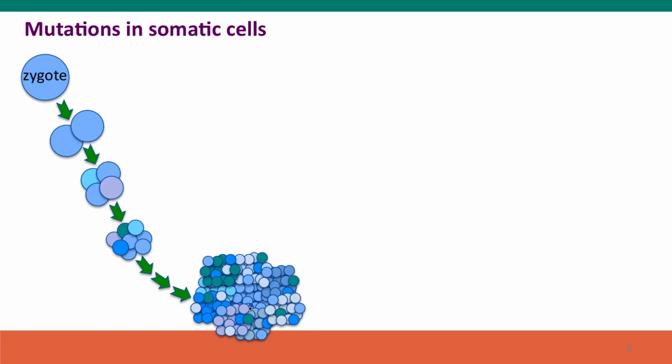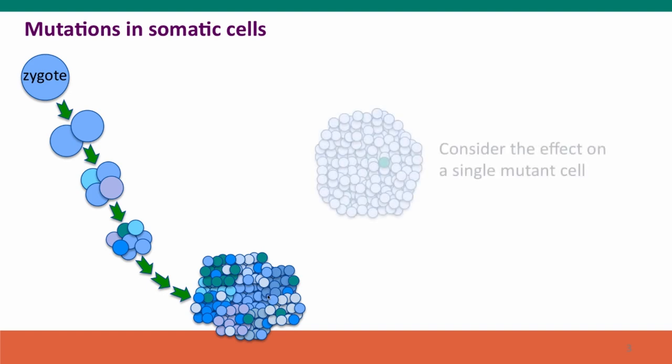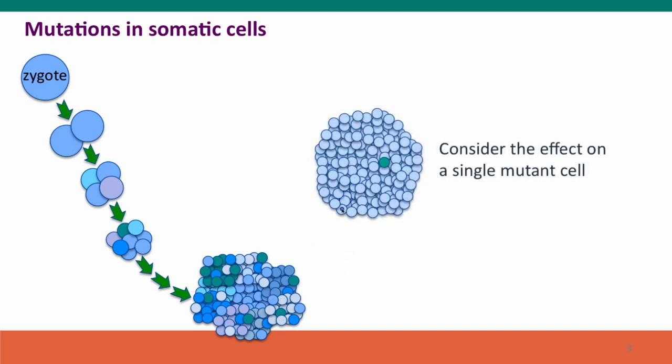What's different this time is that I've colored the cells different shades of blue to indicate that as the DNA is replicated in each cell division, mutations arise in all the descendant cells, so that even though these cells are all descended very recently from a single progenitor cell, they're already genetically different. Now, what I want us to think about is the fate of a particular cell, ignoring the genetic diversity of all the other cells around it.